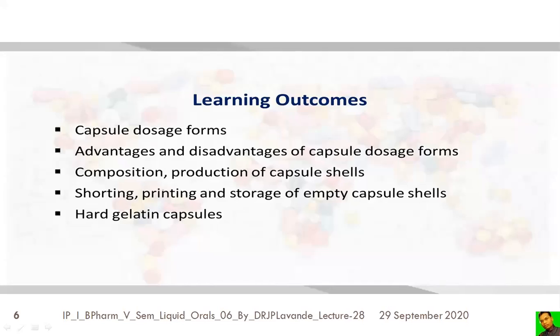So based on the type of material and the type of shell, there are two different types of capsules, the hard gelatin capsule and the soft gelatin capsule. Now, what is the difference between hard gelatin capsule and soft gelatin capsule? We will go through the details associated with them.